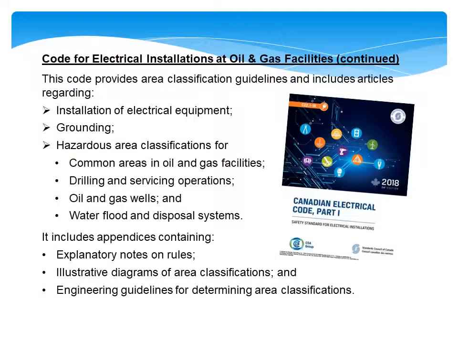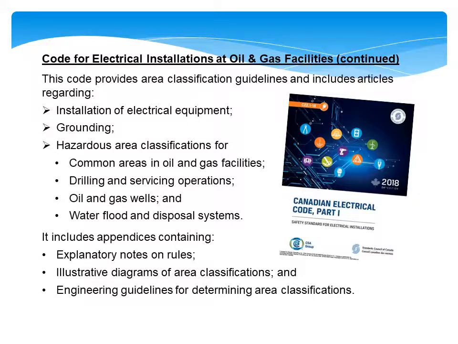The Code for Electrical Installations at Oil and Gas Facilities provides area classification guidelines and includes articles regarding installation of electrical equipment, grounding, hazardous area classifications for common areas in oil and gas facilities, drilling and servicing operations, oil and gas wells, and water flood and disposal systems.